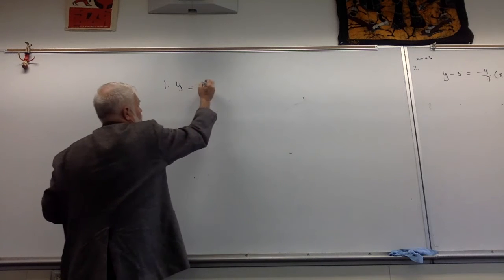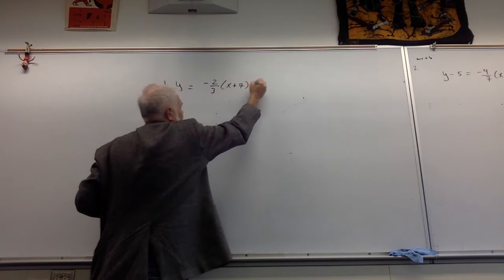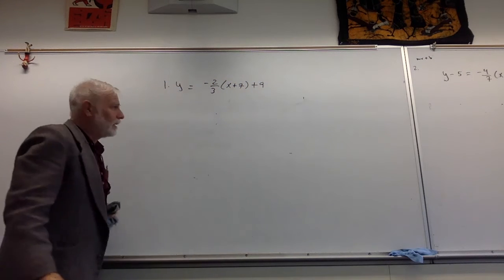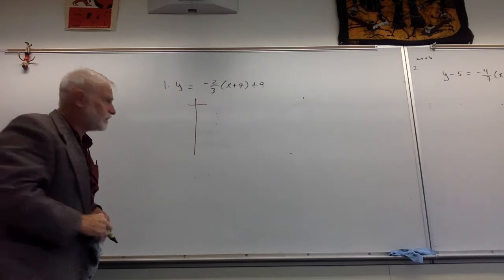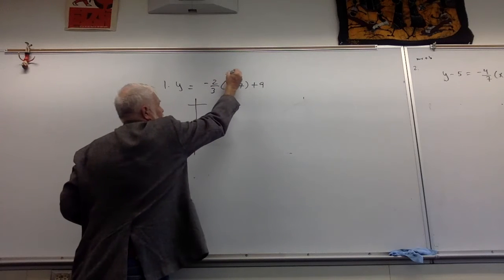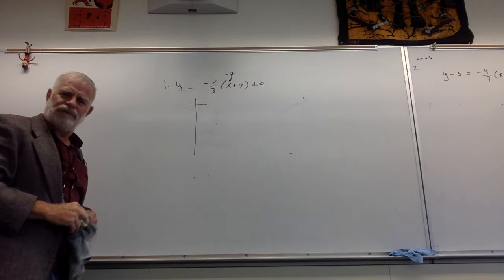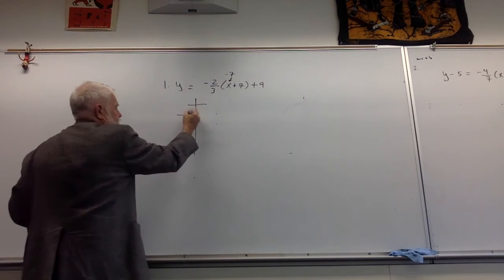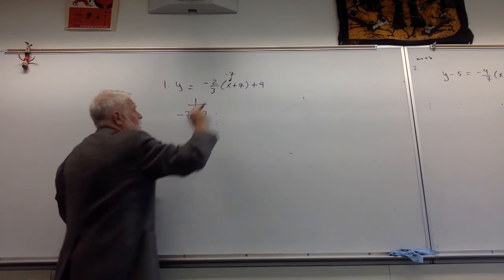You try minus 2/3 x plus 7 plus 9. I'm just going to put the answer here, but you're trying these on your own first. I see -7 is useful, very friendly. And if I put it in, I get 9. Positive 9.